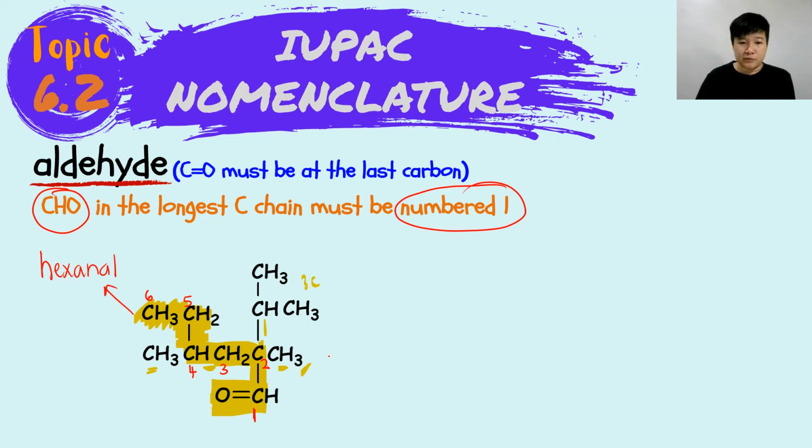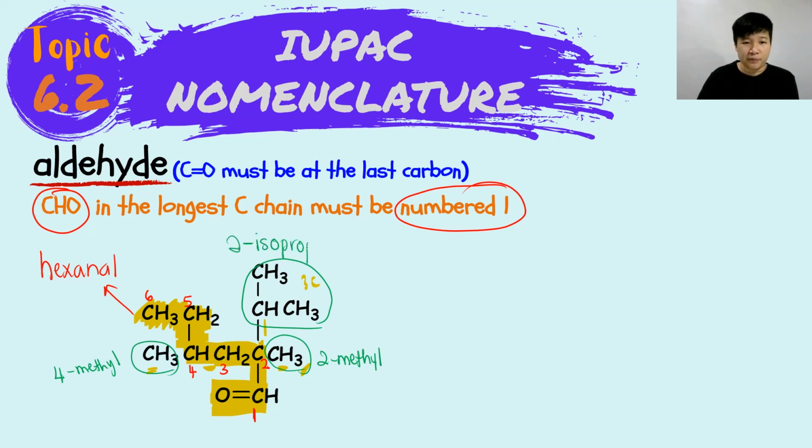We have 3 group of substituent. The first one, you have your 2-methyl group over here, 4-methyl group. Next, what is this, ladies and gentlemen? That is your 2-isopropyl group. And you have 2 similar substituent. Therefore, it will be 2,4-dimethyl.